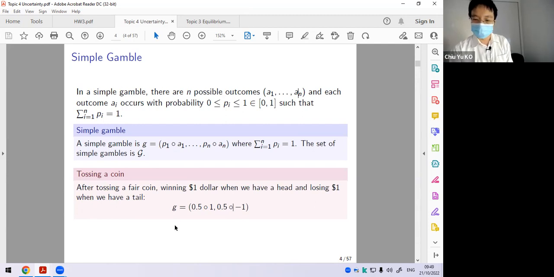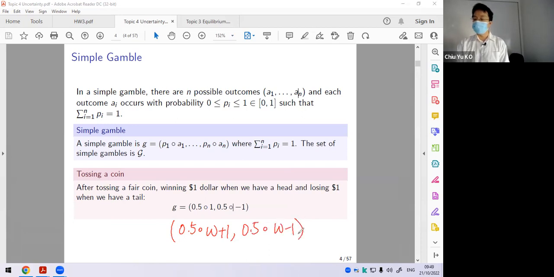Instead of $1, I should write what I already have: I have wealth omega. This might be another way to write it, where omega or W is the current wealth.